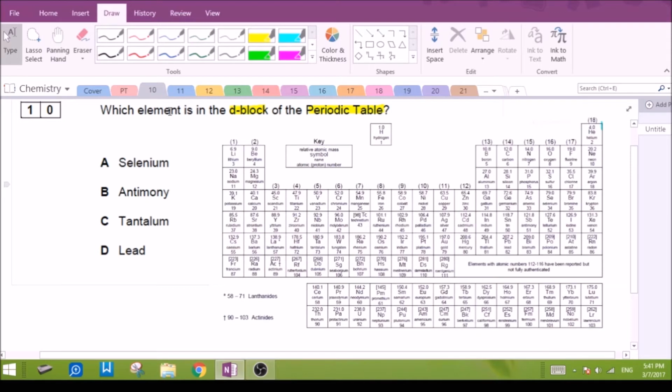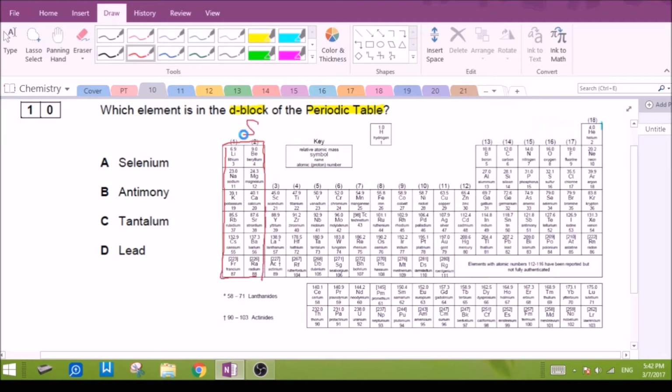Which element is in the D block of the periodic table? Now you will have a copy of the periodic table in your exams, so I've pasted it over here for easy reference. The way we can categorize the S, D, and the P block elements, we can do it in this manner. And the S blocks belong to these two groups.